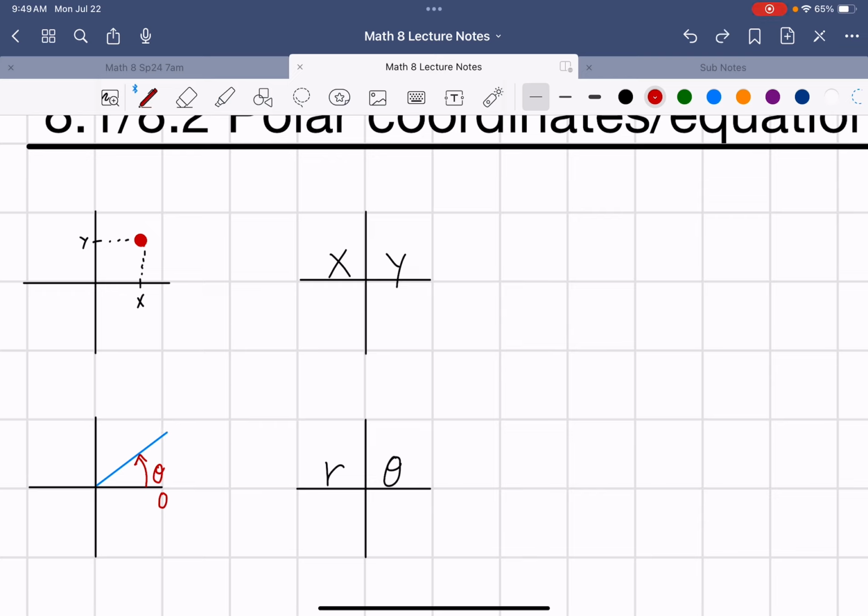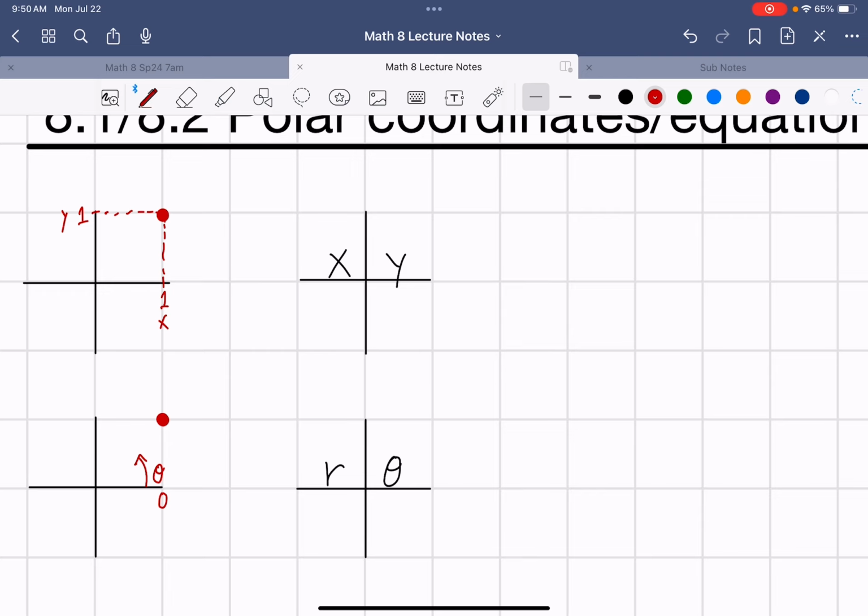Let me switch this up. Let's say I'm trying to get to this particular point. If this was a rectangular coordinate system, and this was 1, you would go as far as 1 for your x, and then as far as 1 for your y, and that's how you would get to that exact point.